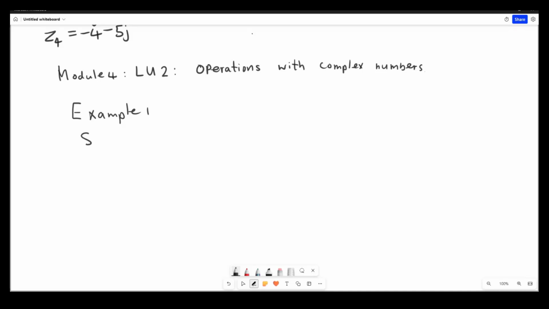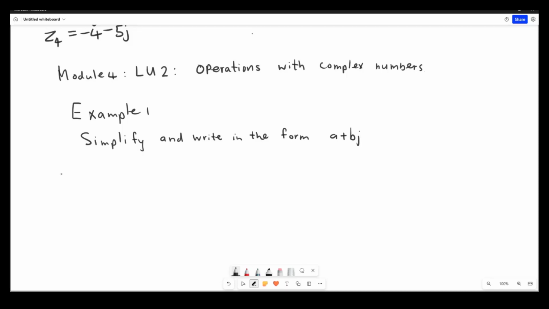They say simplify and write in the form a plus bj, so rectangular form or the standard form or the Cartesian form. Okay, that's what we call it. Simplify and write it in the Cartesian form or the rectangular form.